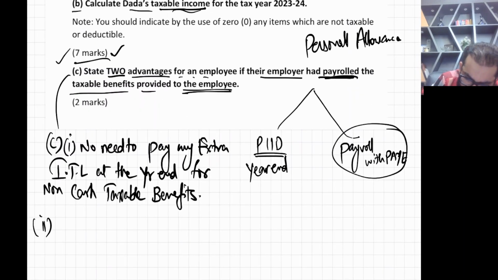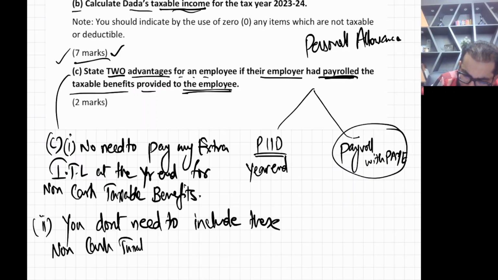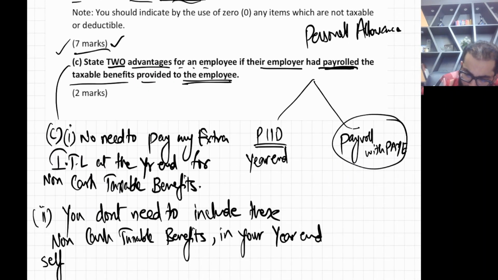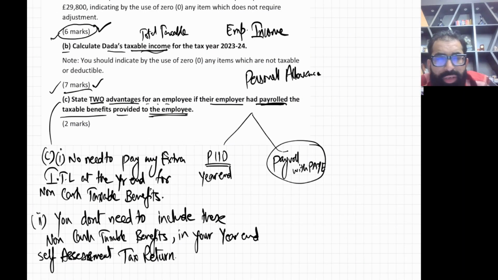The second thing is you don't need to include these non-cash taxable benefits in your year-end self-assessment tax return. So these are the two advantages I have covered here. I won't be covering it with Excel because this theory is enough.